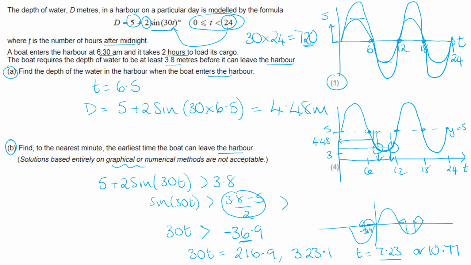So this one's not going to be possible. The tide will go low and we'll have to wait till the next one. So t will have to be the 10.77 hours after midnight. Now that is a decimal, so you need to do 0.77 times 60. So it's going to be 10 hours 46 point something. So I would say it's definitely going to be above the 3.8 by 10:47, and that would be AM.